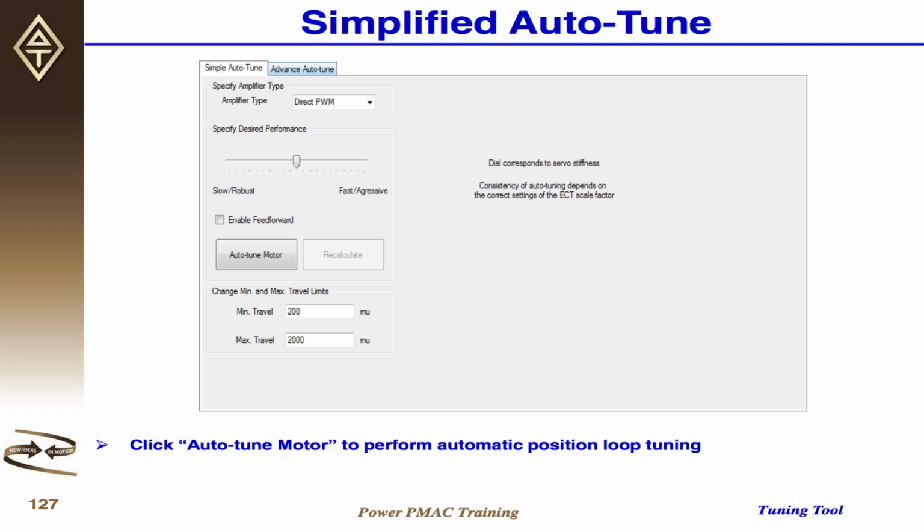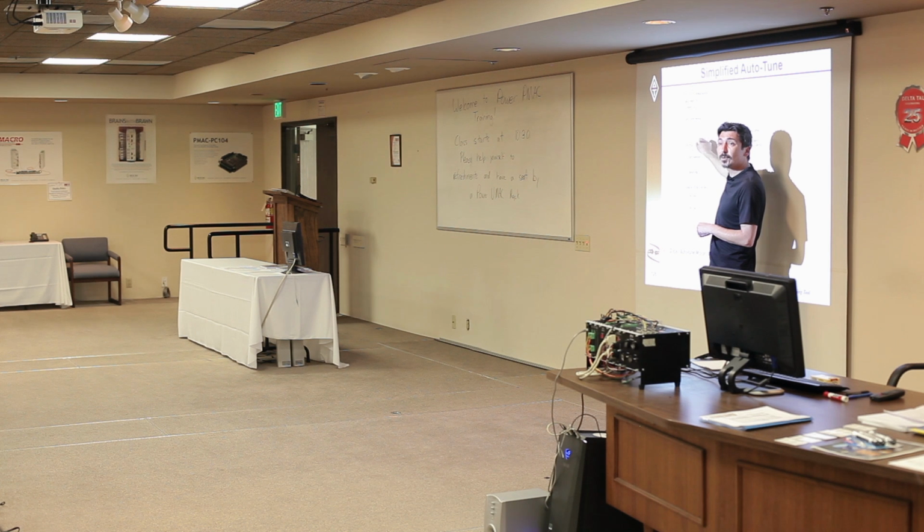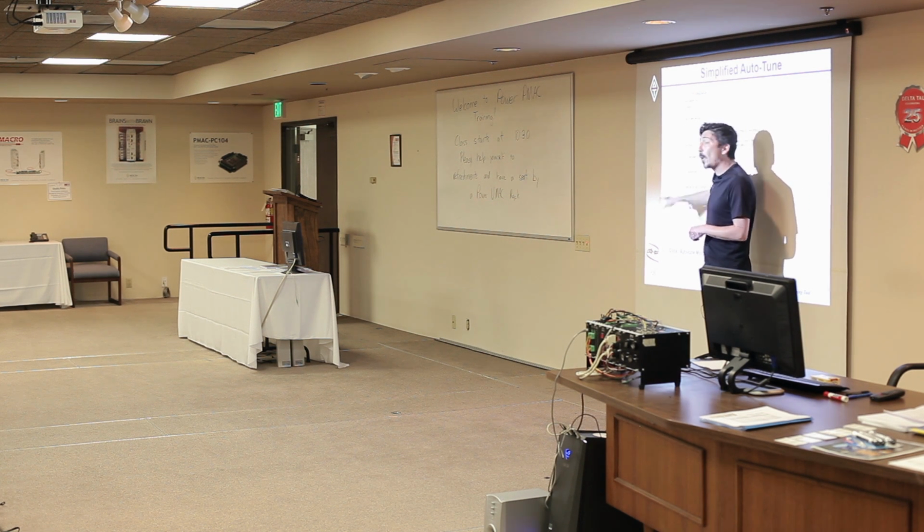The only thing that we ask for is, because this may change with respect to your encoder resolution, we only ask for the minimum travel and the maximum travel. That's allowed. And by just simply using this dial, you can have slow and robust or fast and aggressive movements. One dial. You do the auto-tune.